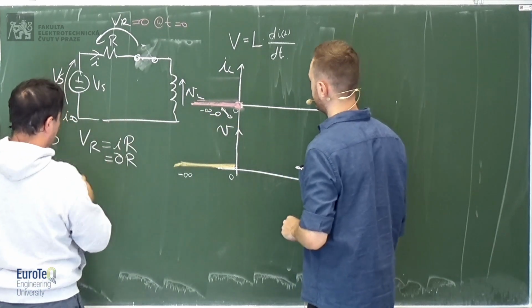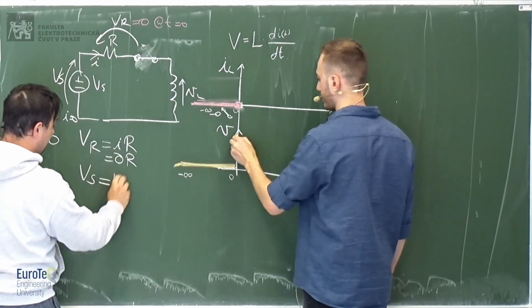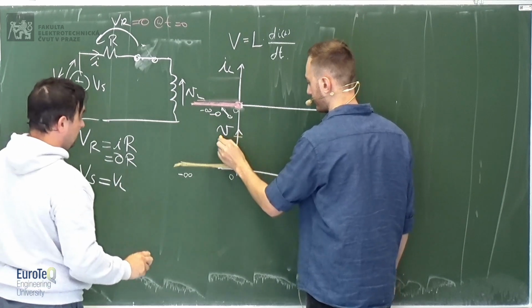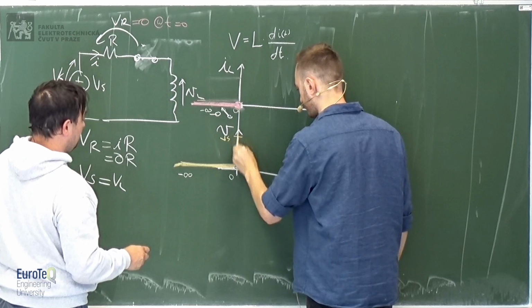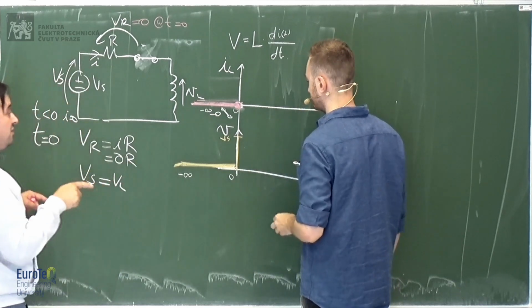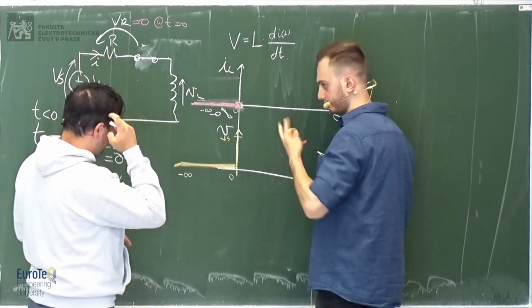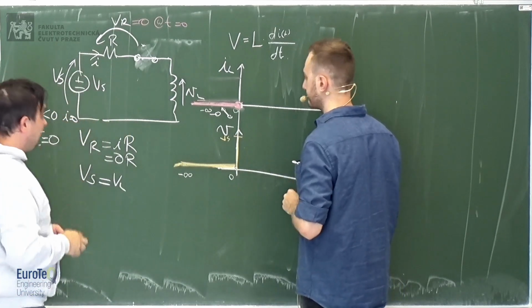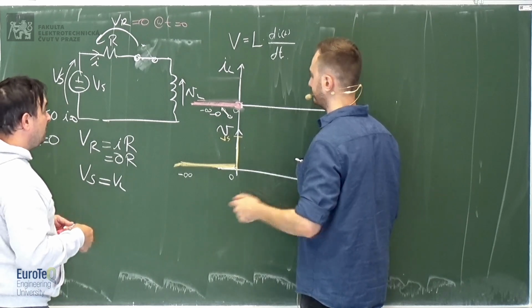Therefore, all the voltage Vs will be left on the inductor. So, boom, the voltage can now change in a step because it's the current which is forced. It's complementary to the capacitor. Then we start pumping energy in the inductor.